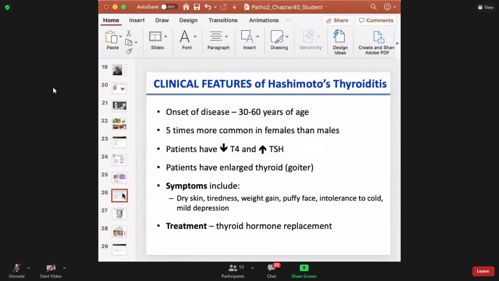So the onset of the disease is about 30 to 60 years old, and as it's autoimmune, it's probably more common in females than males. And then the patients, they've got low T4 and high TSH. Why? Can you guys tell me why someone with Hashimoto's would have low T4 but a high TSH? Can you think of a reason why?